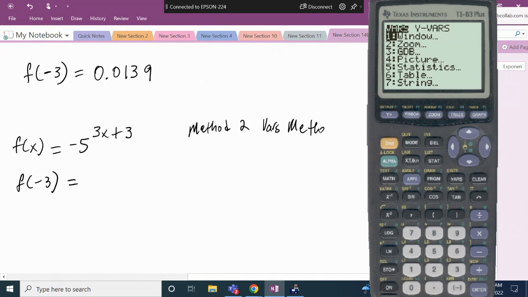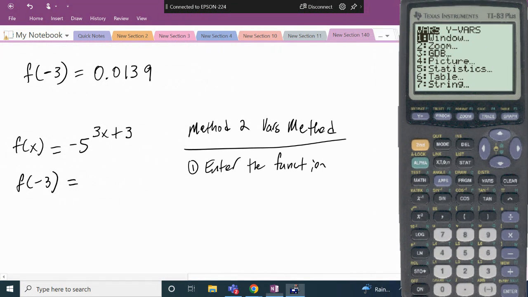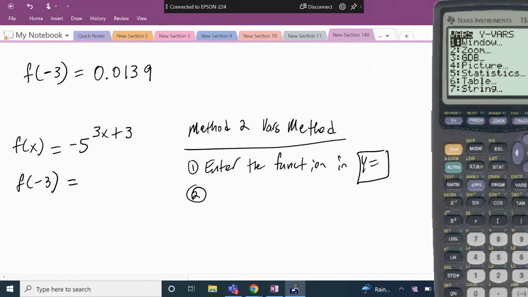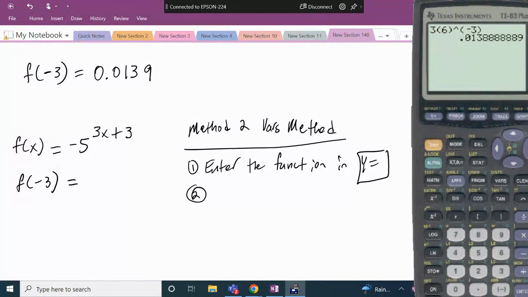And I'm going to put some steps. So the first thing I did was enter the function in y equals. Then after you put your function in y equals, you want to return to the home screen.